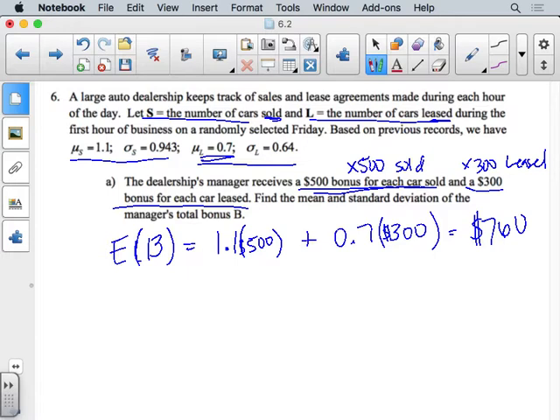I expect that's our average, but we know that this guy's not going to do exactly that every day. There's some sort of varying factor, a standard deviation, and so we want to get our typical distance from the mean. What's our standard deviation? Okay, so I have each of these standard deviations.